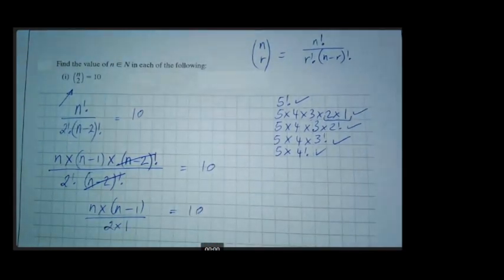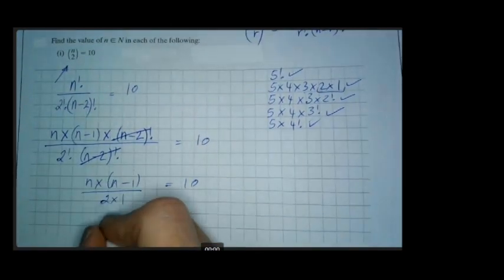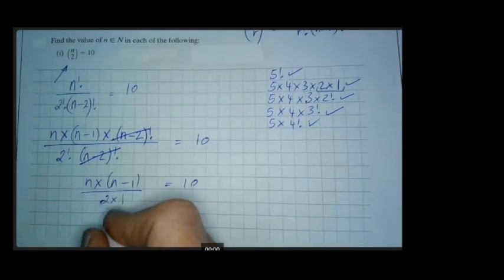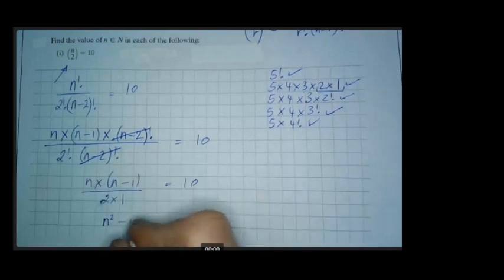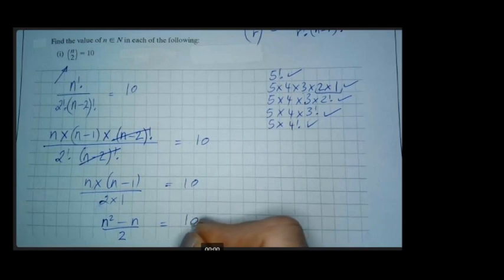And now this is a much easier equation to solve. I'm after getting rid of those factorials, which is what you need. You can't work with the factorials. You're going to have to expand them out and simplify it all down so that you can get rid of the factorial notation. And so what I'm left with here is n times n, which is n squared, and n times minus 1, which is minus n, all divided by 2 is equal to 10.